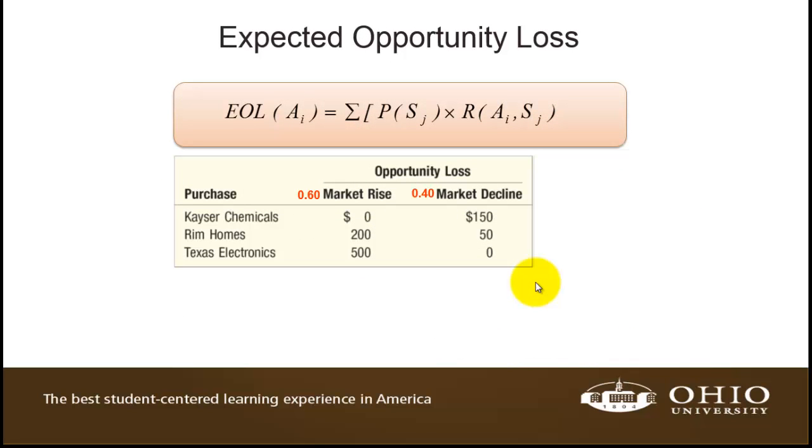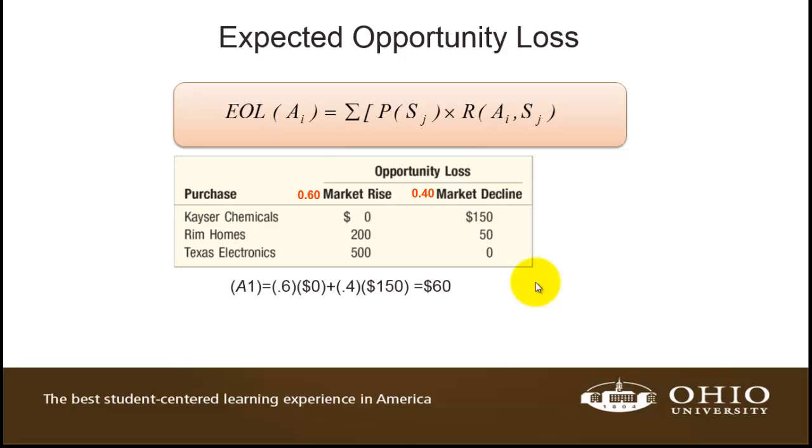Now, to calculate the expected opportunity loss, exactly the same way we did the payoff table in calculating the expected monetary value, we're now going to do exactly the same thing. Take the probability associated with each of those different combinations of regret and alternative, multiply it by the regret, and get an expected opportunity loss for each alternative.